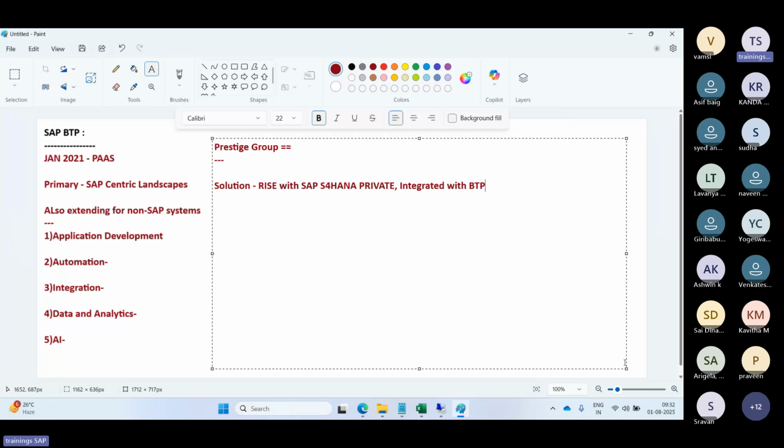In that case, they implemented grievance management via chatbots, which reduced the manual intervention in the communication process. So the chatbots take care of all those things. Chatbots means definitely BTP-related things here, right?